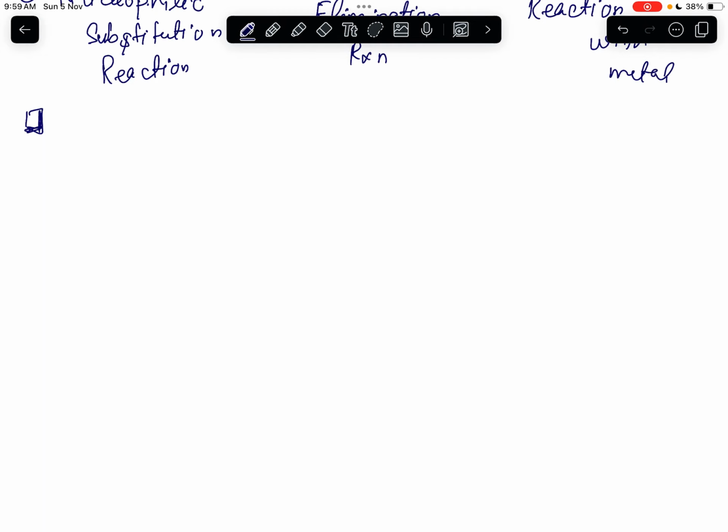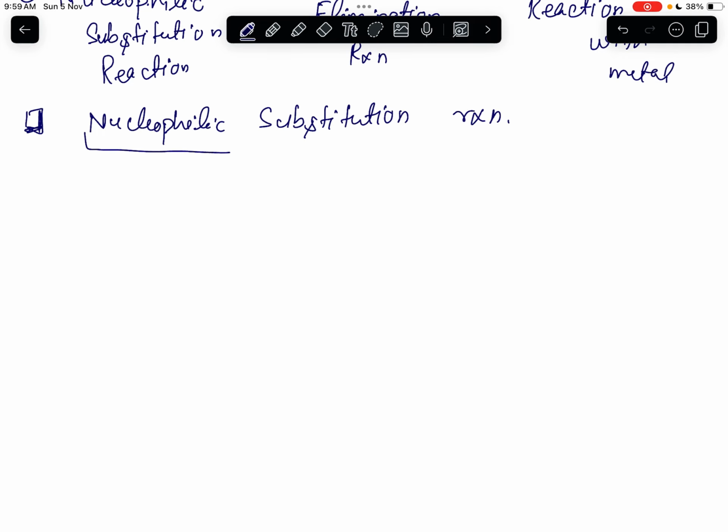As we know, the nucleophilic substitution reaction includes the word nucleophile. That means there is a nucleophile which initiates the reaction.